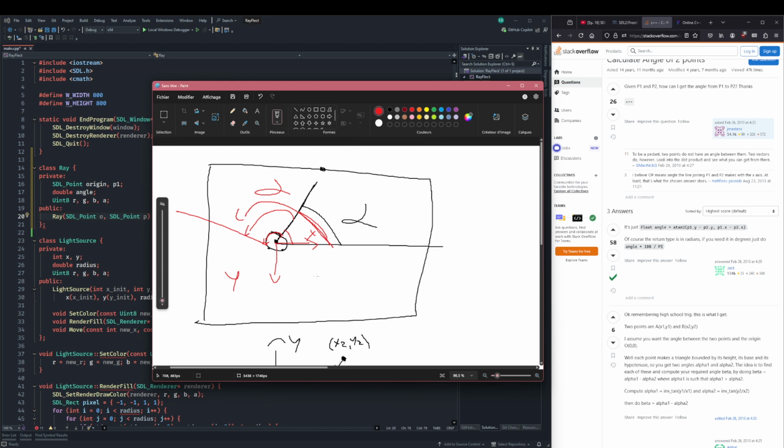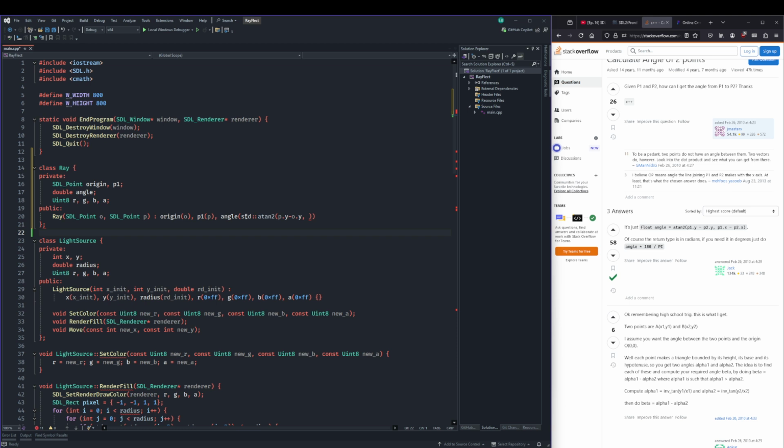So when we look at this, if we want to get a positive value for the height, we have to do the y value of this point minus the y value of this point, and not the other way around. So here it should be o.y minus p.y, and then p.x minus o.x, and so this should give us the angle.